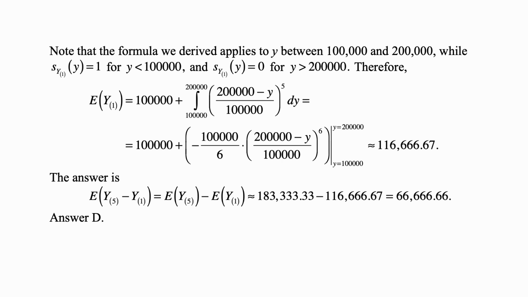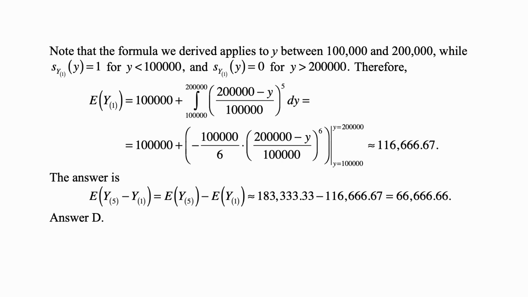Note also that the formula we derived applies to y between 100,000 and 200,000, while the survival function of the first order statistic is 1 for y less than 100,000 and 0 for y more than 200,000. Therefore, the expected value is the integral of the survival function, which from 0 to 100,000 is the integral of 1, and that just gives us 100,000, plus the integral from 100,000 to 200,000 of ((200,000 minus y) over 100,000) to the fifth.